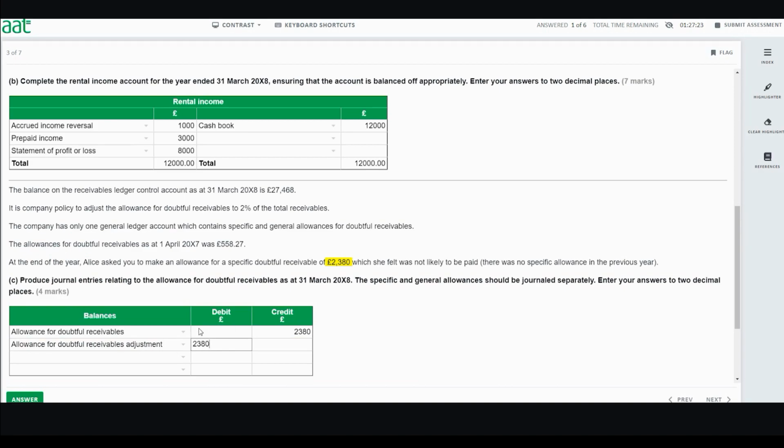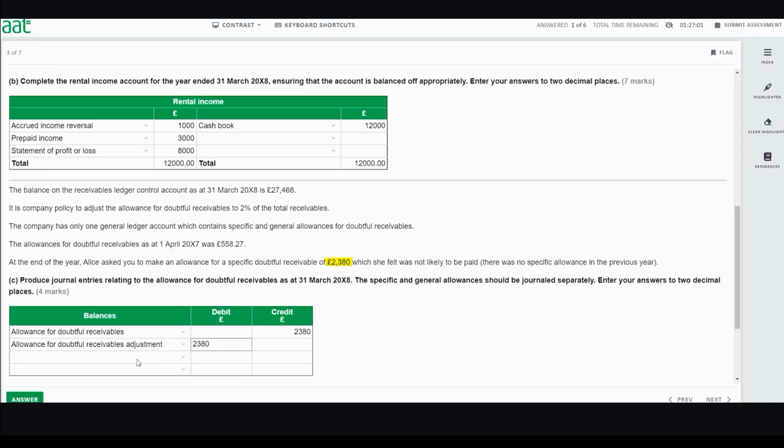So we're going to put an expense in because we feel we're not going to receive this, and then we'll credit the allowance for doubtful receivable, which would be in the statement of financial position, and the expense would be entered in the statement of profit or loss.